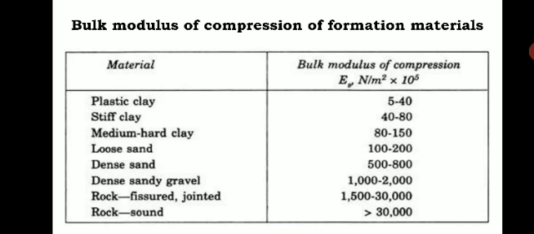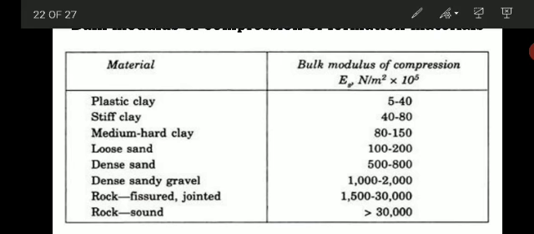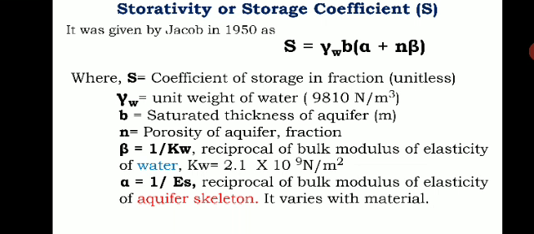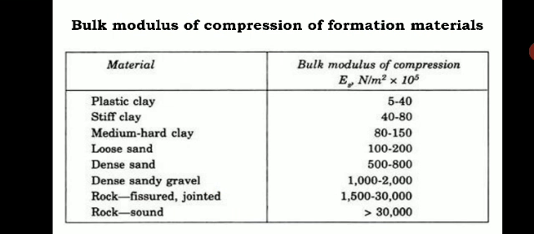Here I told you about Es, the bulk modulus of elasticity of aquifer skeleton. It varies with material. In the table I have given a few examples of materials and their bulk modulus of compression. For example, if the aquifer is plastic clay, then its bulk modulus of compression will be 5 to 40.